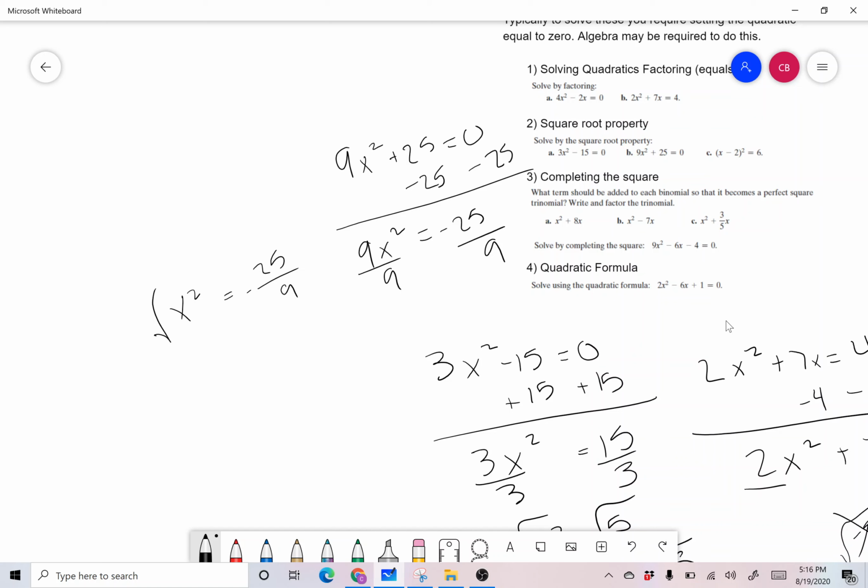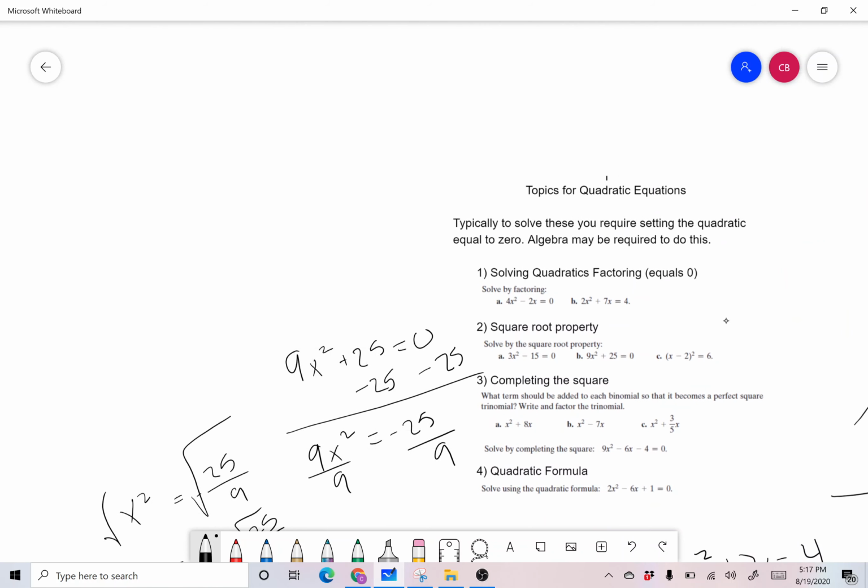So x is equal to plus or minus the square root of negative 25 over 9. Sorry, let's do i times square root of 25 over square root of 9, which is x is equal to plus or minus 5 over 3 i, or 5/3 i. So that one is taken care of.